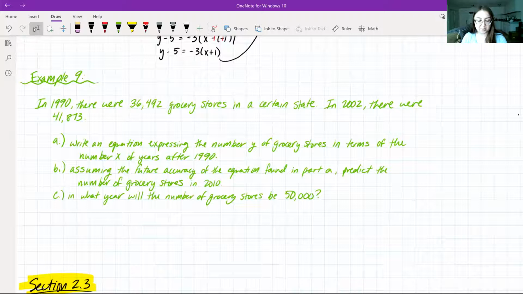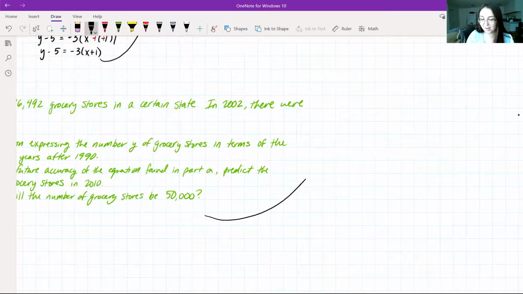Part B, assuming the future accuracy of the equation found in part A, predict the number of grocery stores in 2010. And C, in what year will the number of grocery stores be 50,000? For whatever reason, I left absolutely no room underneath this problem, so we're going to do all of our answers over here. So let's start with A.